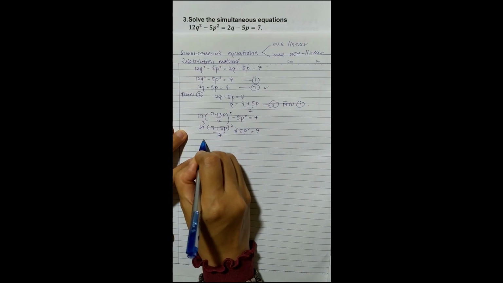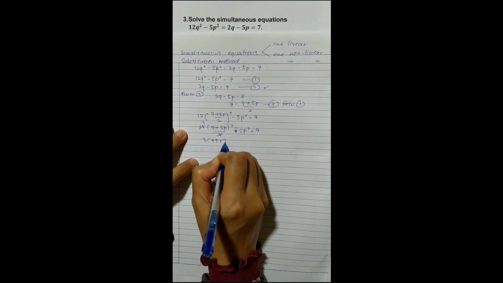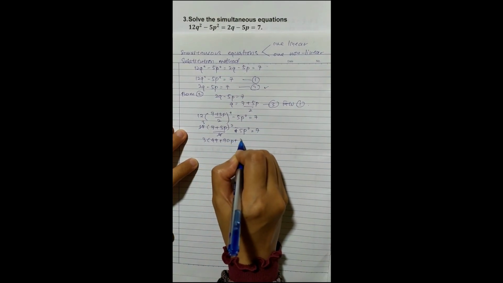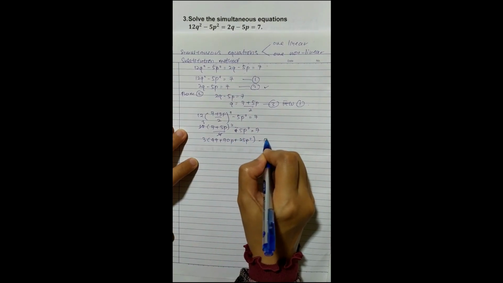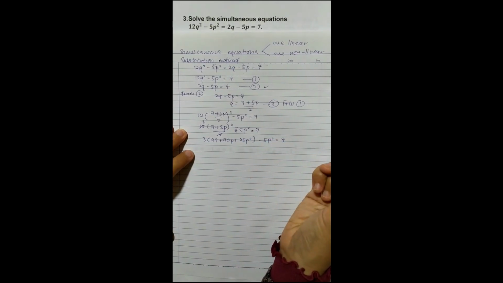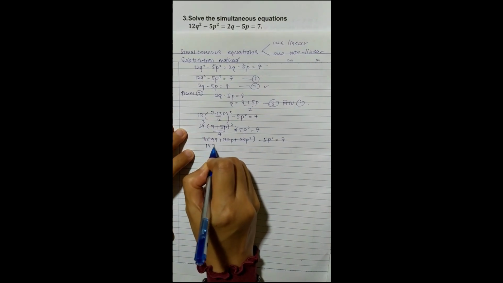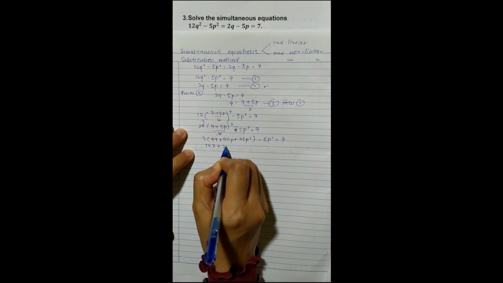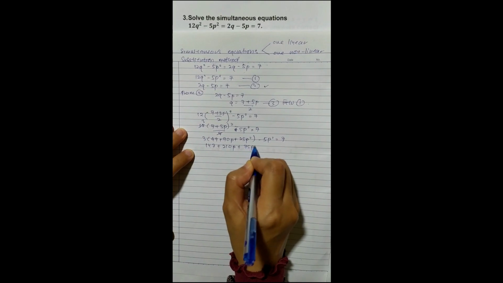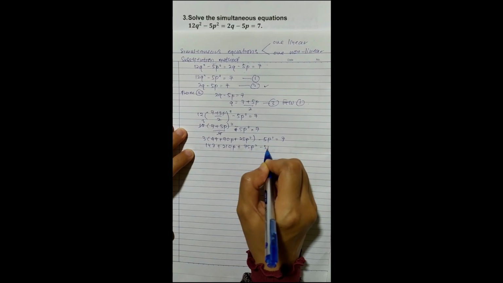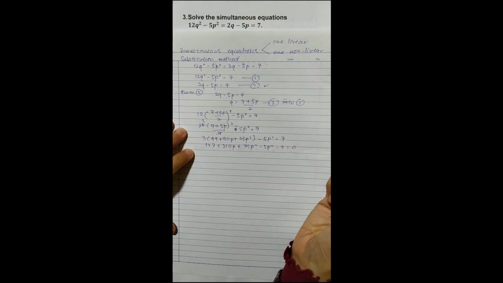We expand: 3 times (7 squared, 49, plus 70p plus 25p squared), minus 5p squared equals 7. Expanding, we have 147 plus 210p plus 75p squared minus 5p squared minus 7 equals 0.